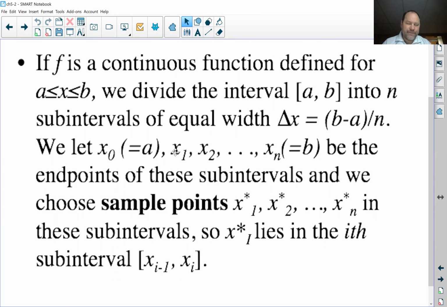If we were doing right-hand approximations, x star 1 would be x sub 1. All it's saying is x star sub i lies in the ith subinterval. It is somewhere between x sub i minus 1 and x sub i.